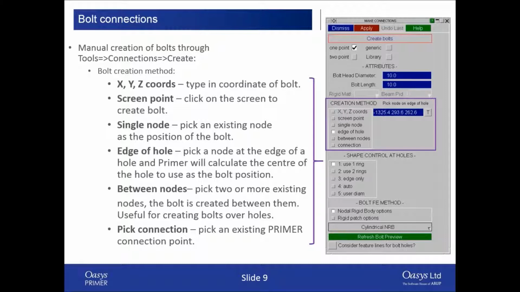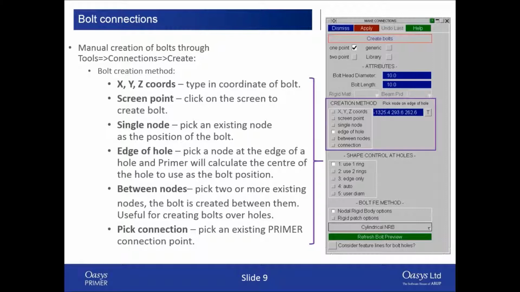Single node, maybe you have a node at all the bolt locations that you want to create, so you can specify a node. Edge of hole is quite useful if you're creating a bolt on holes in your mesh that already exist. You can click on a node on the edge of that hole and Primer will automatically find the center of that hole and use that as the input coordinate for creating the bolt.